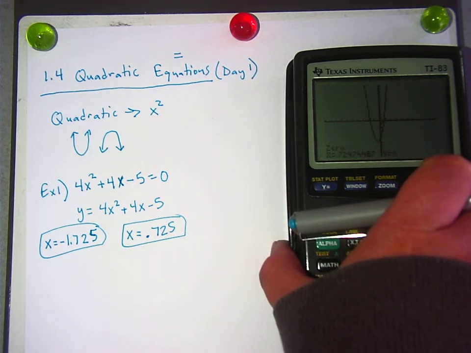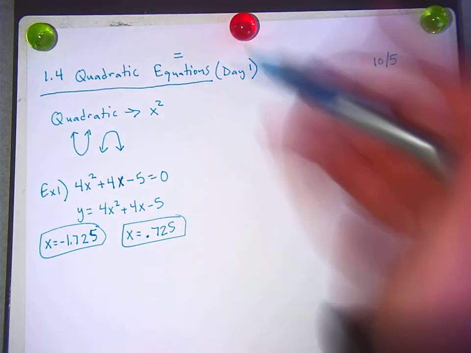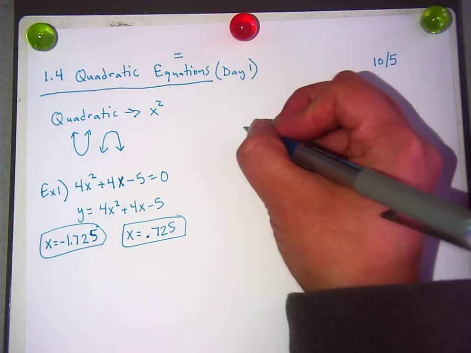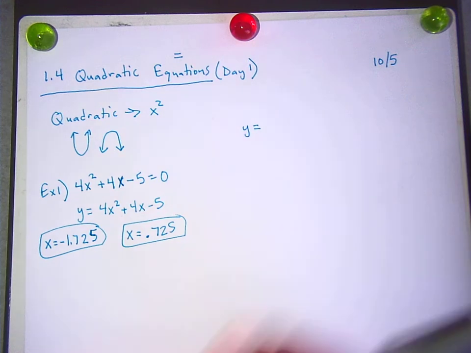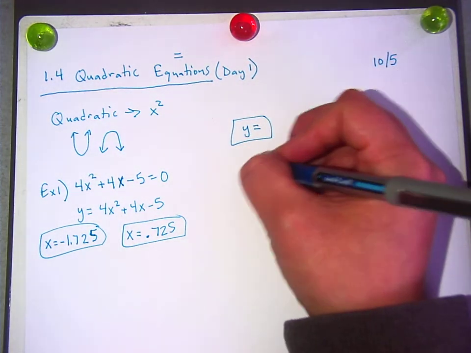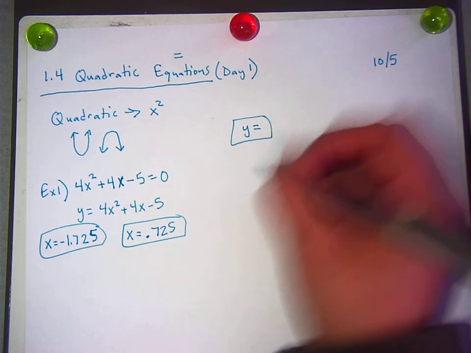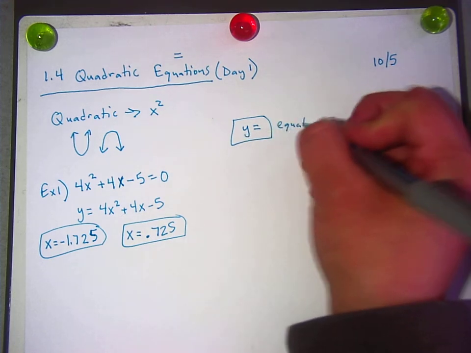Okay, so everybody understands how to do this on your calculator? Can you go from step one? All right, so everybody look up. First you go to y equals and you put in the equation, right?